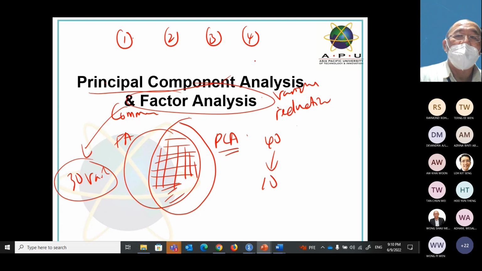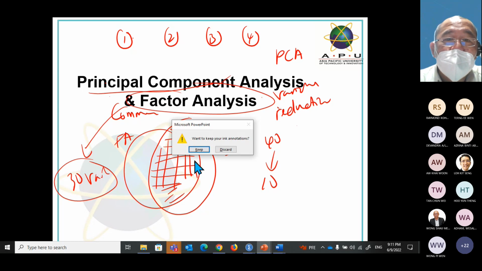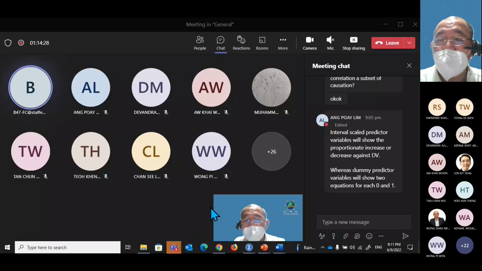In factor analysis, we find the common factor, common variance. But in principal component analysis, we try to identify which group is more important, and the others that are not important, we ignore. If no question, now we see next.